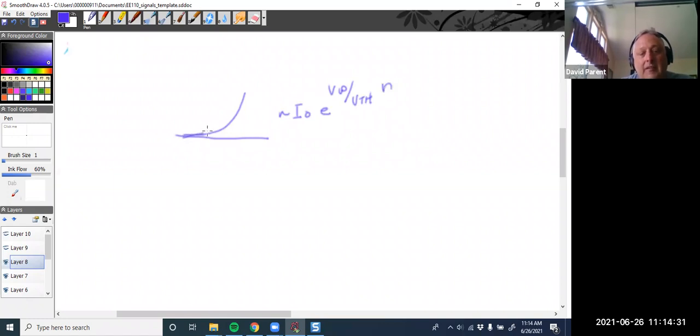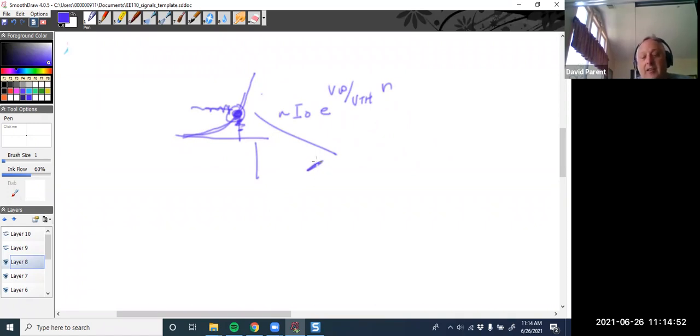is that this is a nonlinear curve, right? But if I pick a point, a bias point, and I only let it modify a little bit, well, if I'm just trying to say that I'm zooming in here, right, it'll look like a straight line, right?